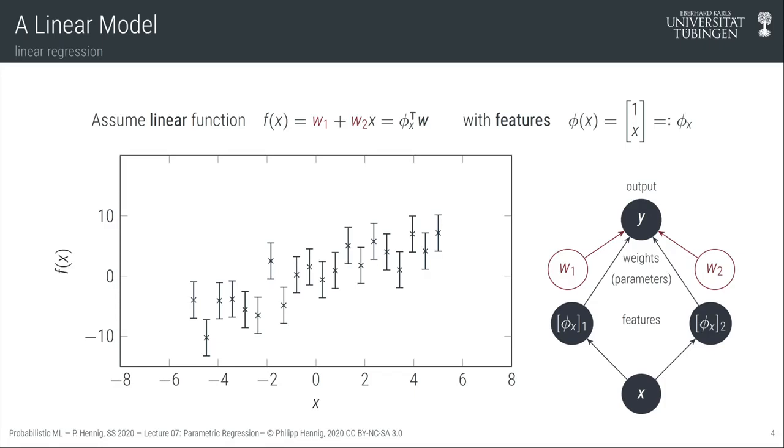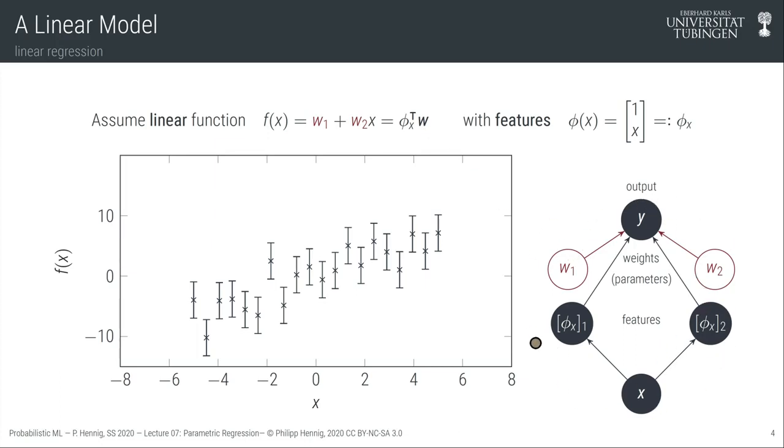In our case, this function just returns, first of all, the constant 1, and secondly, x. So this seems like a trivial function, but it simplifies this notation because it allows us to write the function f of x as a linear map, not just of x, but also of the vector of these unknown numbers w1 and w2. So our learning problem now looks like this.